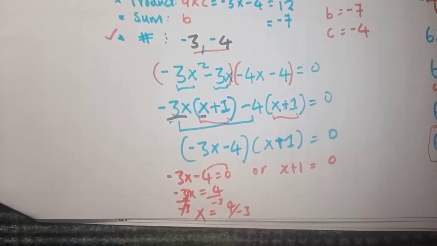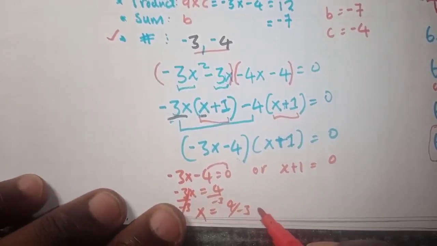What is 4 divided by negative 3? Okay, 4 divided by negative 3. What do we get?